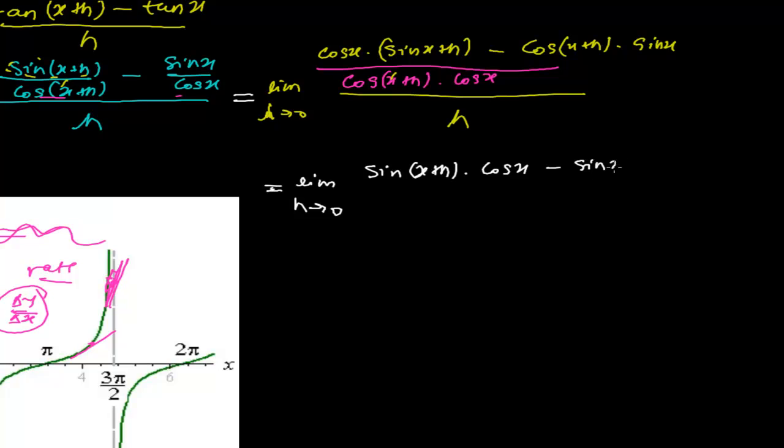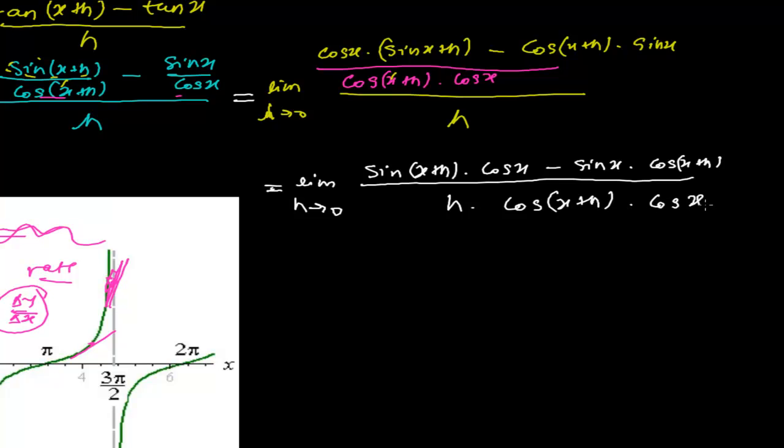I'm writing the sine first and then the cos later, right? And the whole is divided by this h, and cos(x+h) and cos x will come downstairs, right? Cos(x+h) times cos x, right?